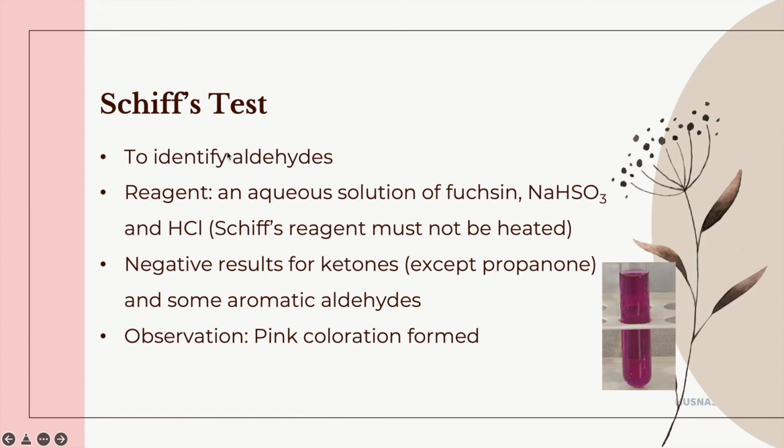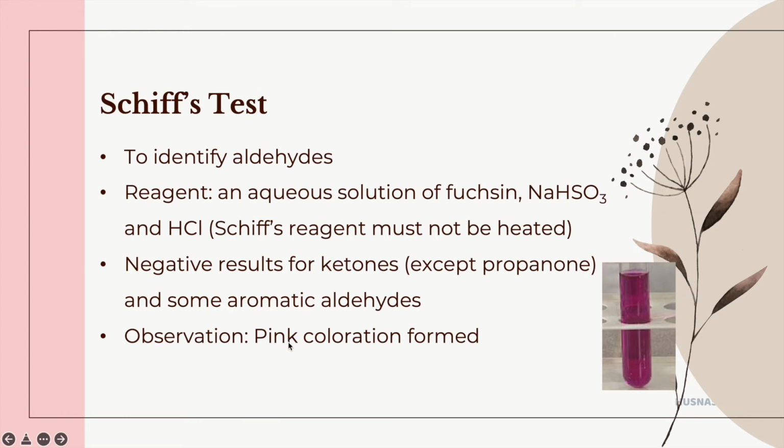It is used to identify aldehyde. It cannot identify ketone, a negative result for ketone, but propanone will give a positive result for the Schiff test. So you have to memorize this. The Schiff test identifies aldehyde, but it also identifies propanone, and it cannot identify aromatic aldehyde. Only aliphatic aldehyde.